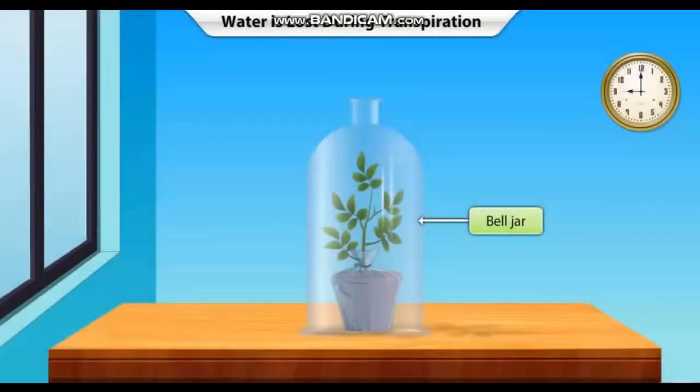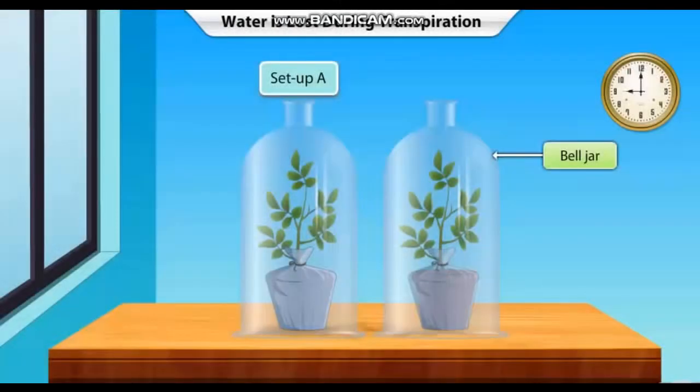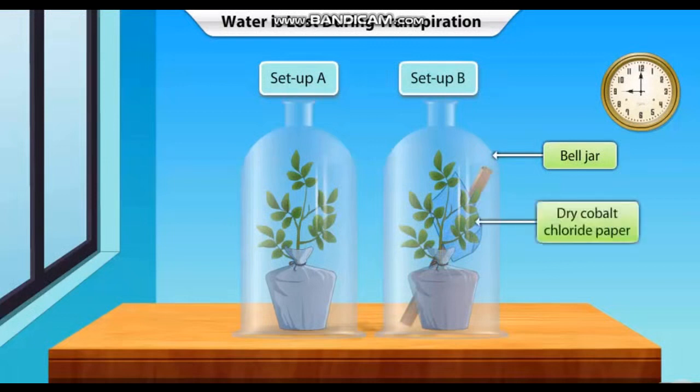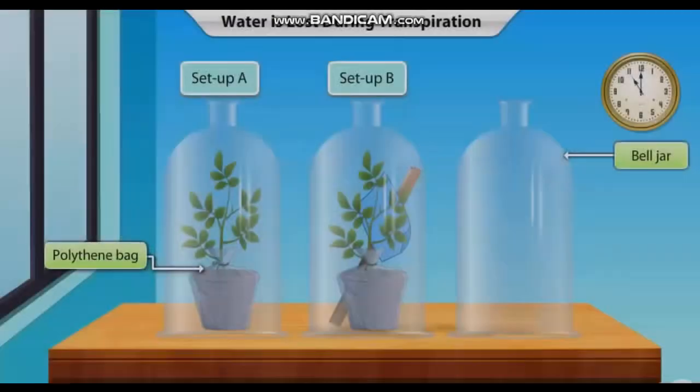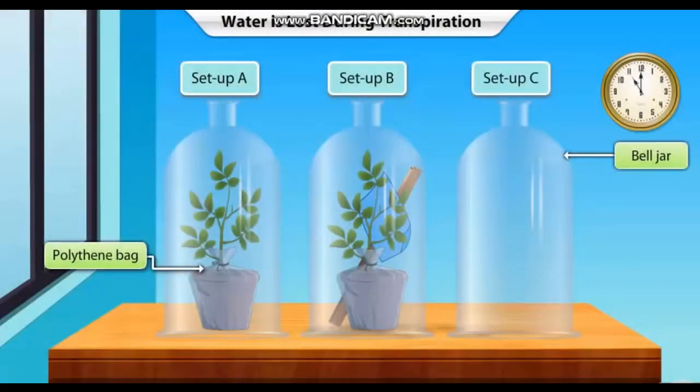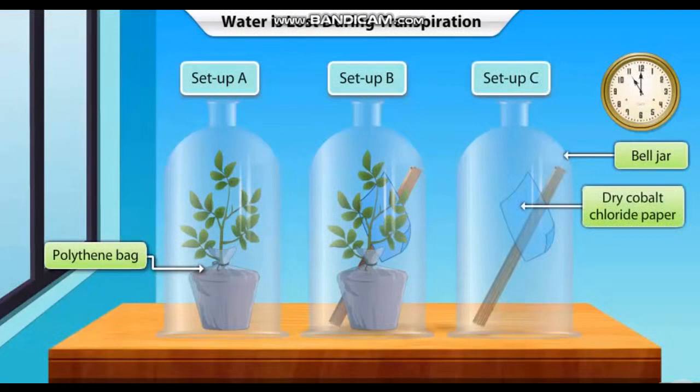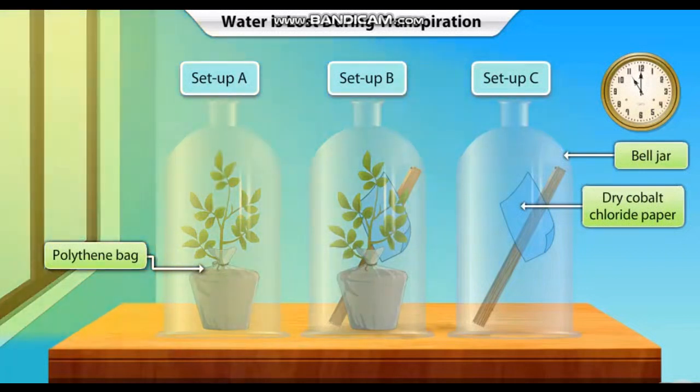The entire plant is placed under a bell jar and labeled as Setup A. Another similar setup is prepared and labeled as Setup B. A piece of dry cobalt chloride paper is pinned to a wooden stick and placed within the bell jar. Similarly, Setup C is prepared with a similar piece of cobalt chloride paper but without the plant, which will act as a control. All the 3 bell jars are exposed to sunlight for about half an hour.